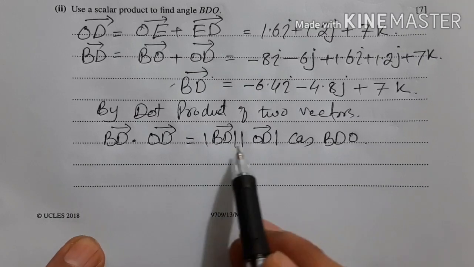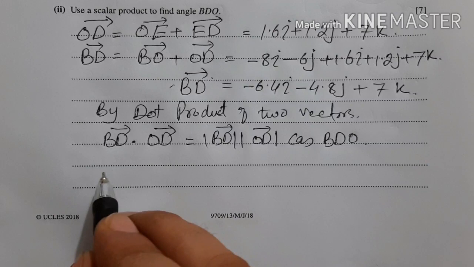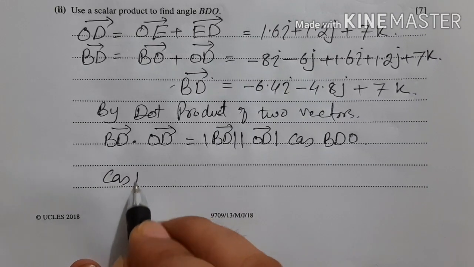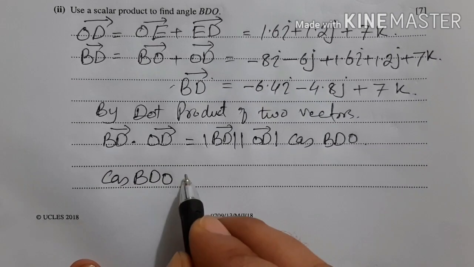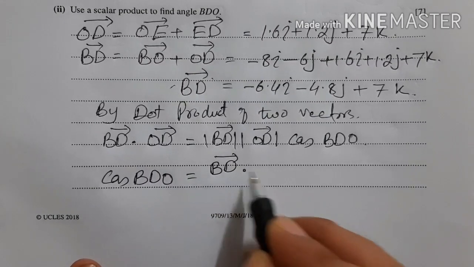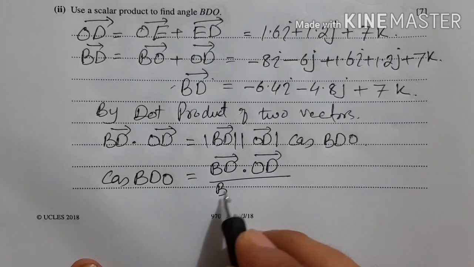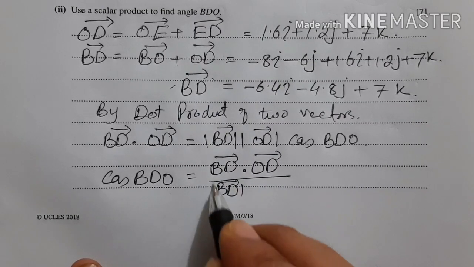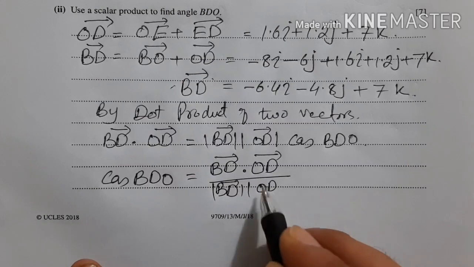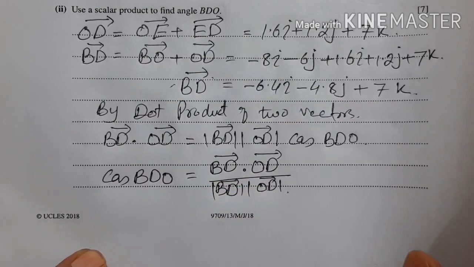So take these two things to the left side, and I'll get cos of angle BDO is equal to BD dot OD over BD magnitude times OD magnitude. I'll put the values in the next page.